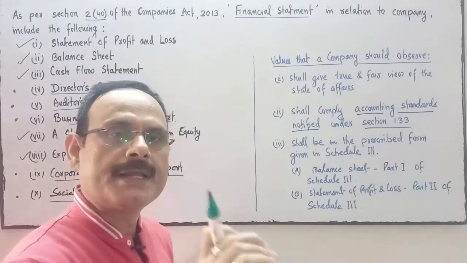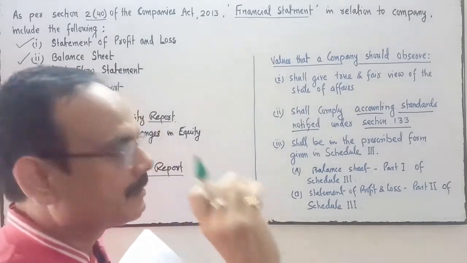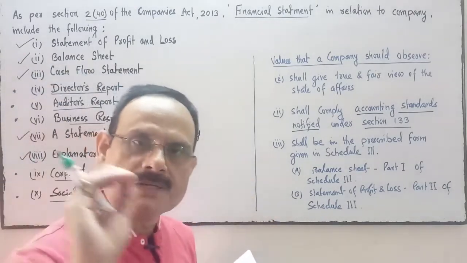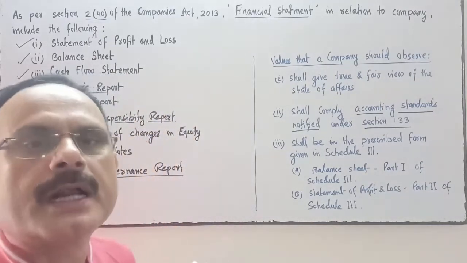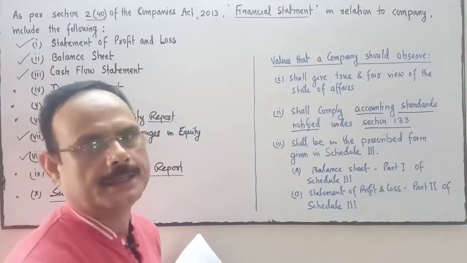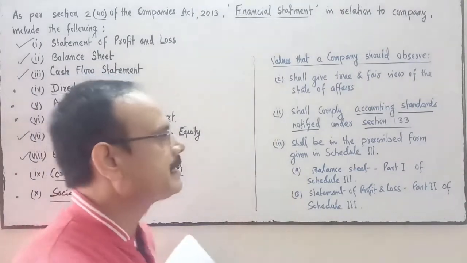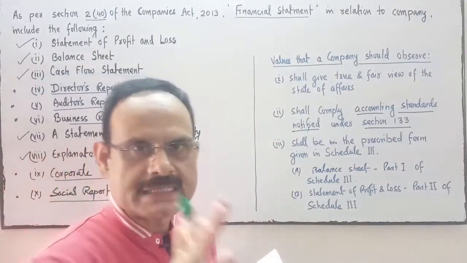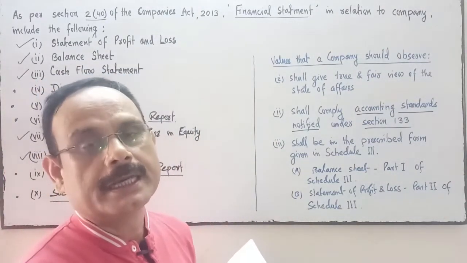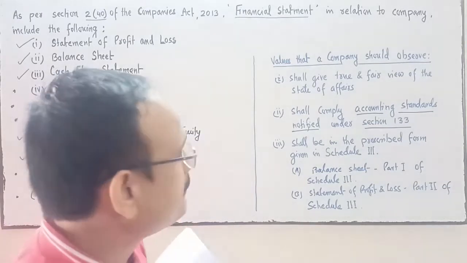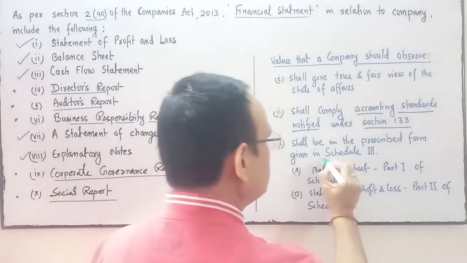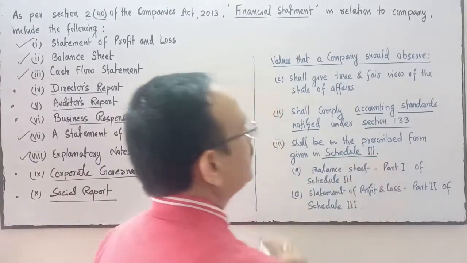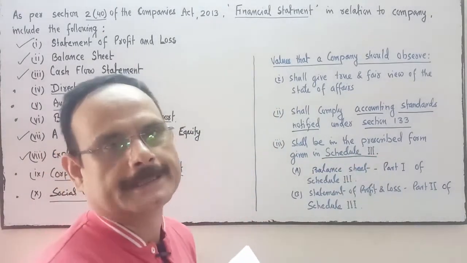So while preparing the financial statement, the accounting standards notified under Section 133 must be complied with. And third one is that the financial statements shall be in the prescribed form given in Schedule 3.